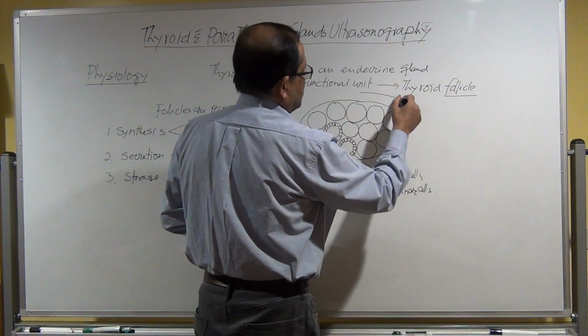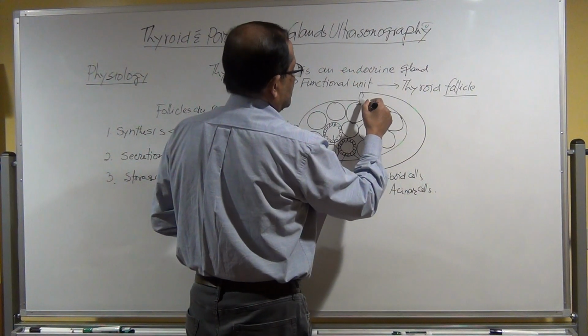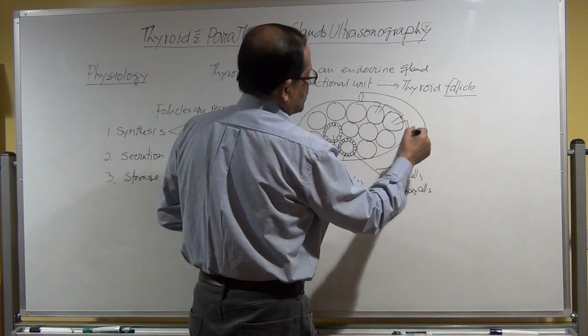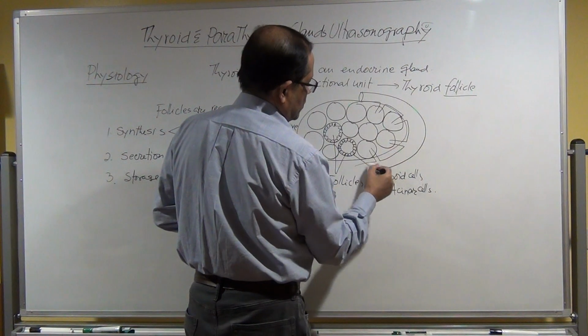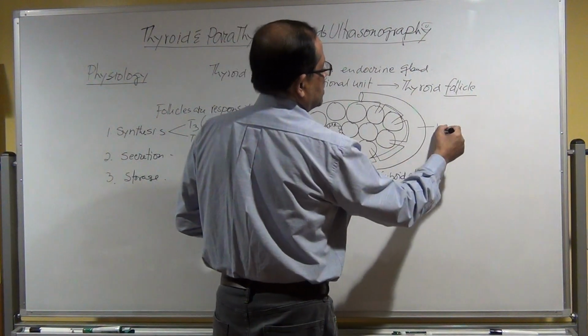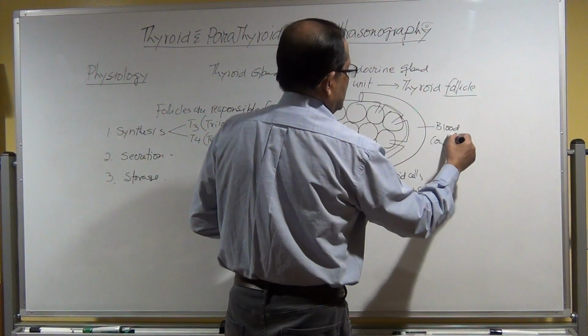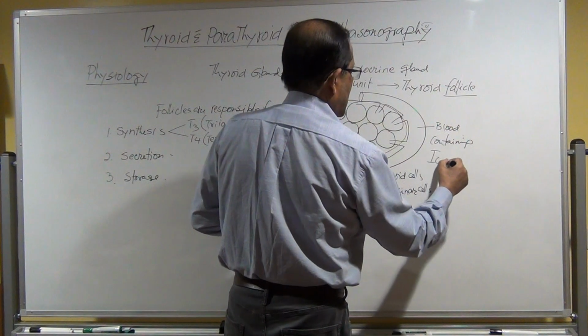So we have blood supply of the thyroid gland. So this is blood containing iodine.